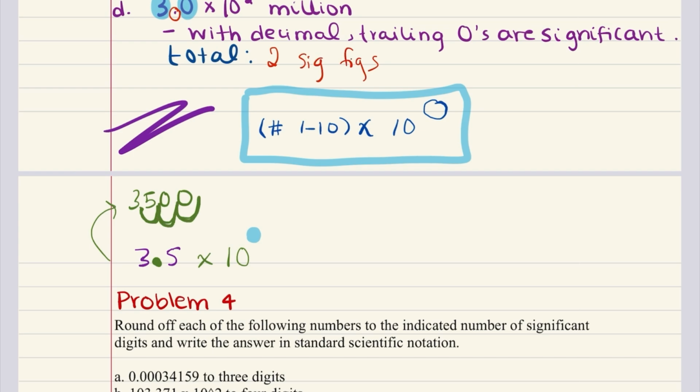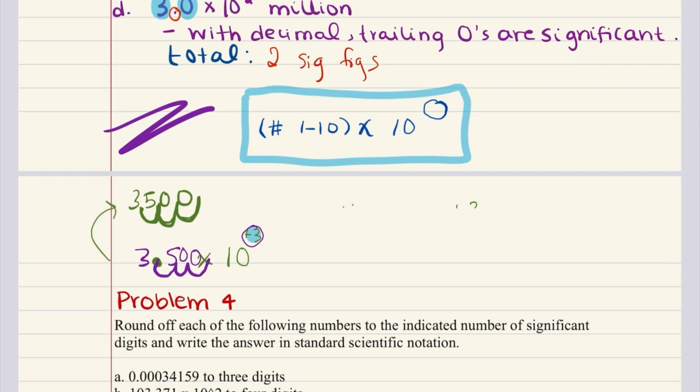So we need to move our decimal point to the right by 3 places. So what that means is, if it's right, the number is going to be positive, and it's 3 units to the right. And so our exponent here is going to be 3.5 times 10 to the positive 3. This is just telling you, hey, we're moving that decimal to the right. How many places to the right? 3. 1, 2, 3. You fill in those empty places with zeros, and look at that. We got back our original number of 3,500.